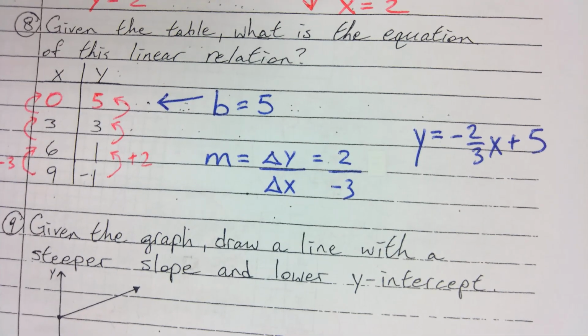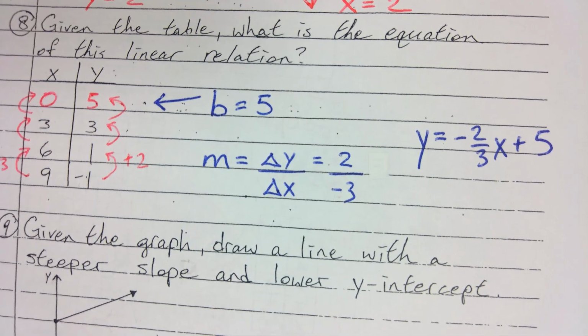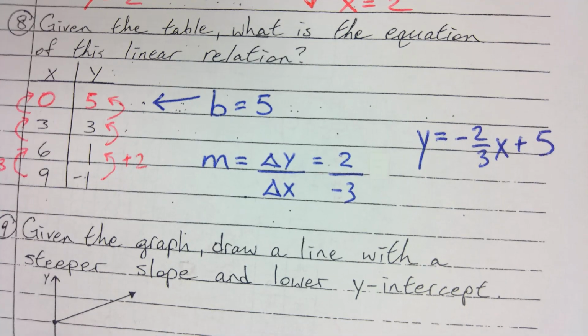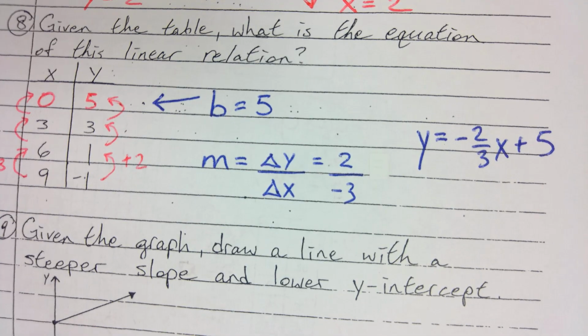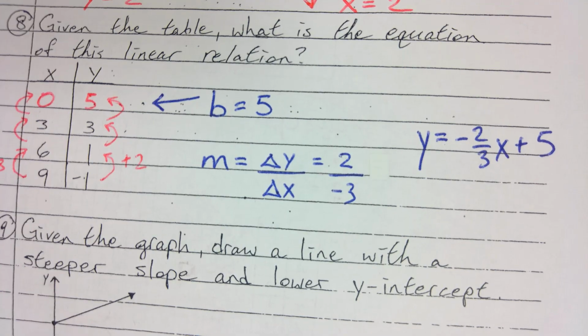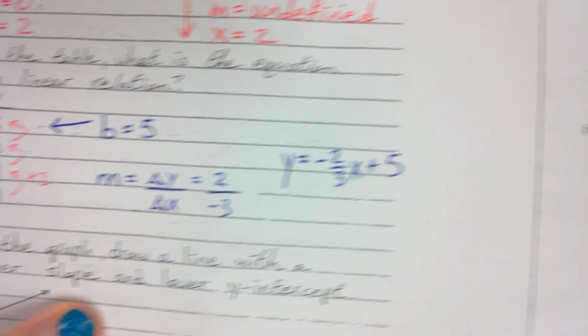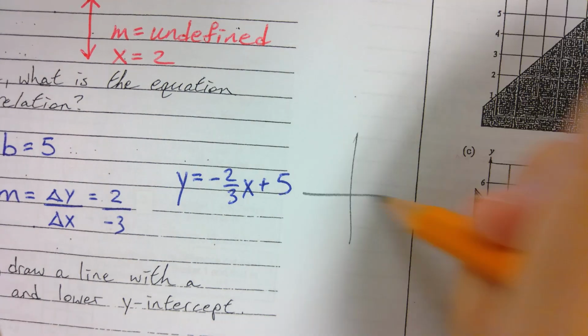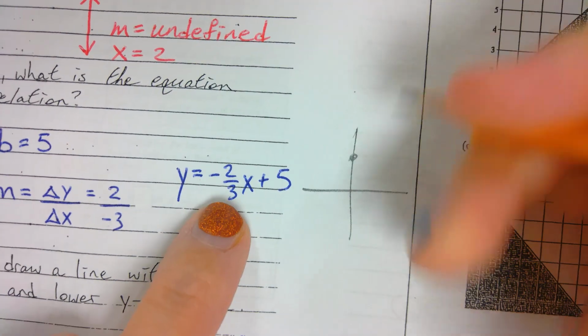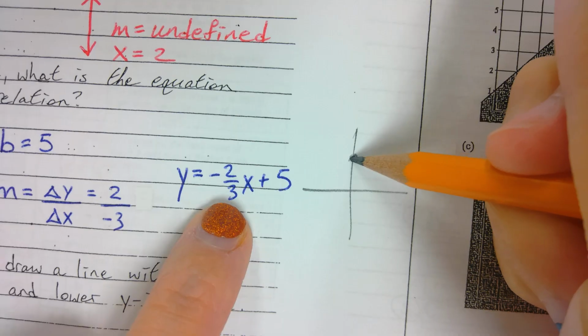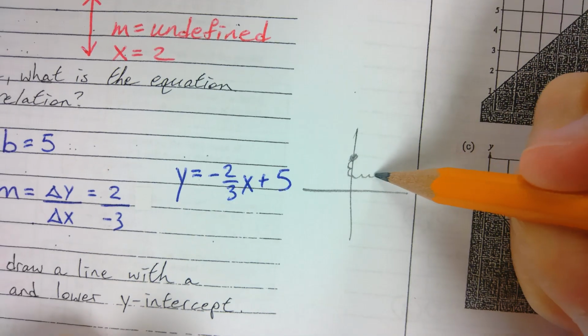You can choose how to work this out again. Okay, so you know how we say if it's -2 over 3, that means we're going down 2 and 3 to the right. So if it's 2 over -3, then we go up 2 and 3 to the left. So here, starting at 5, I could say down 2, 1, 2, and then over 3, 1, 2, 3.